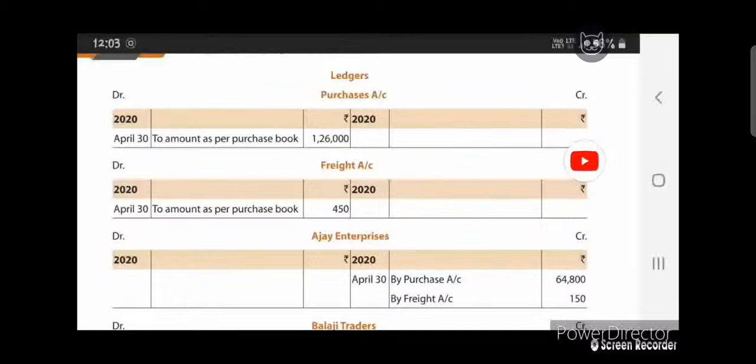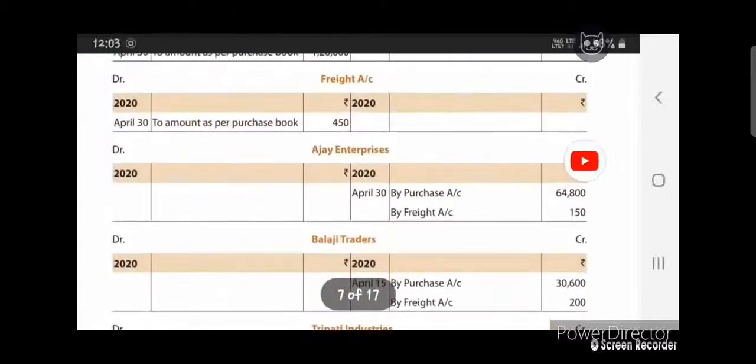Next, debited on 2020 April 30, again you write the amount as per purchase book. The amount you are debiting is 450 for the freight amount.